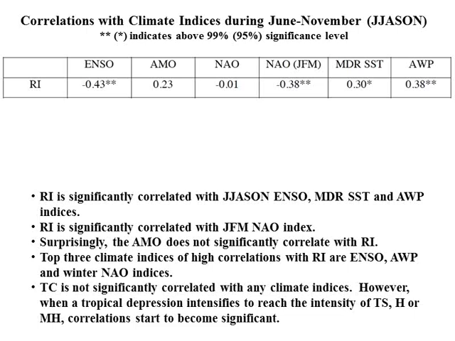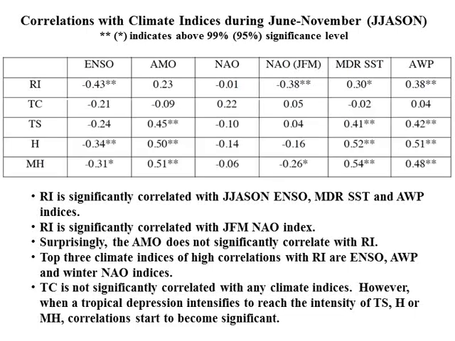And we also calculated the correlation of the TC, tropical storm, hurricane, and major hurricane with the climate indices. What we see here, if we take total TC, then none of these climate indices show significant correlation with the TC number.